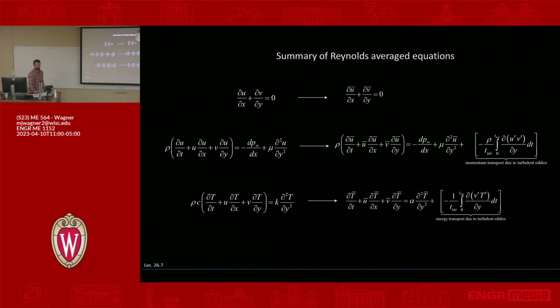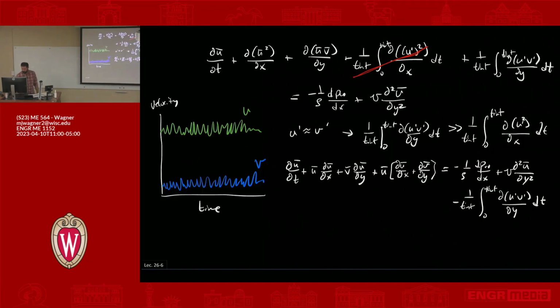In the previous step, you added in continuity, but I don't see that in the summary. So where did that go? So the inertia part stays the same.